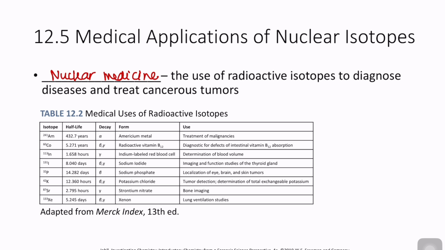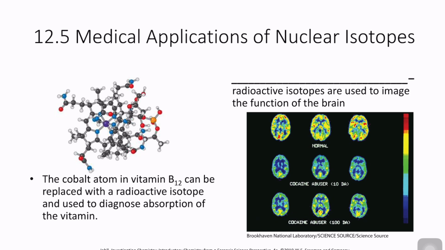A lot of cancer medications and cancer research takes advantage of nuclear medicine. Cobalt in vitamin B12 is used to diagnose absorption of the vitamins.